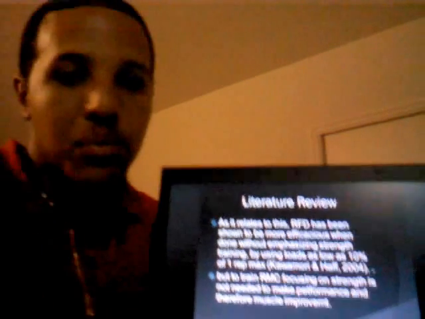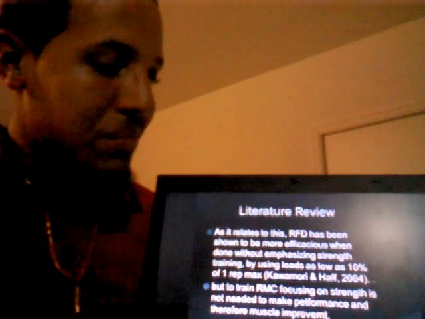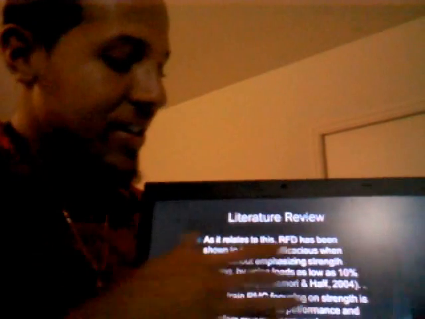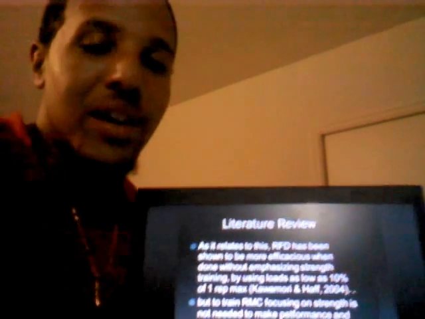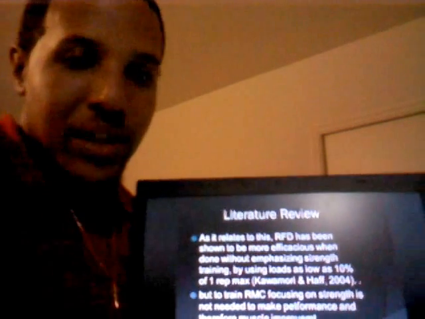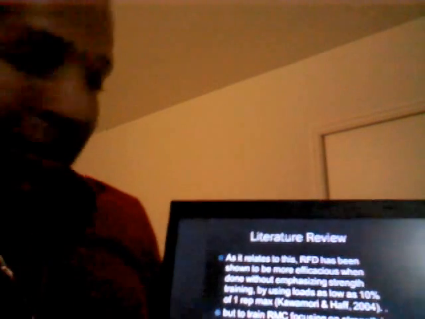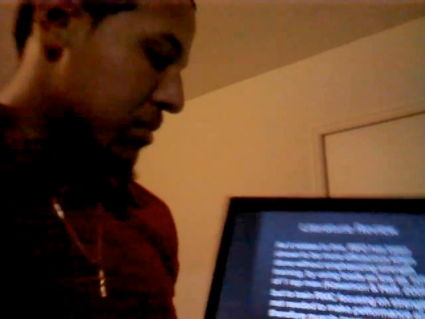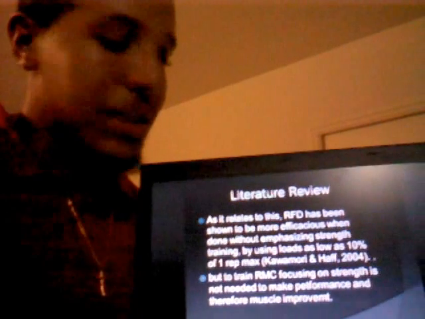And so when I was doing my research, I came across a study that was very interesting, and it mentioned that when training for rate of force development specifically, an application of just as low as 10% yielded some benefits for performance in regards to speed.